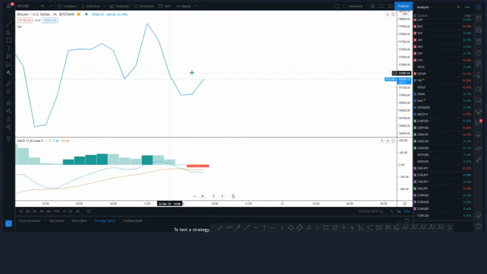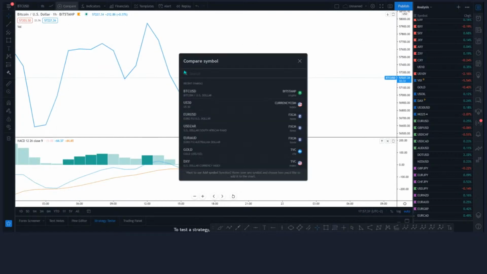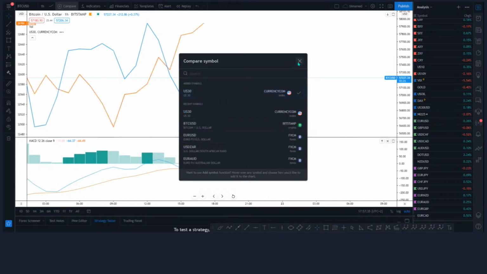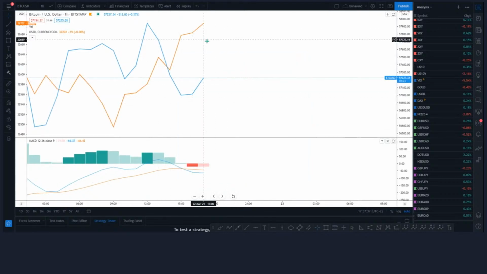Let's say we want to compare Bitcoin in the 1 hour time frame to, let's say, the Dow Jones. See what's going on. So the Dow Jones has been rising here, the last hour or so.